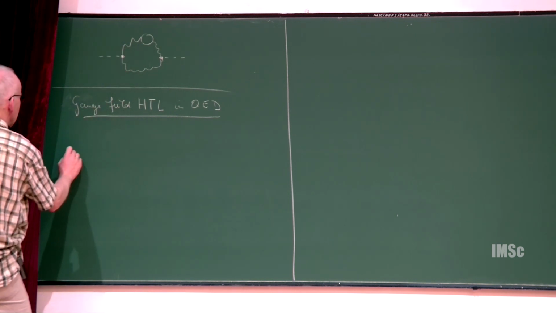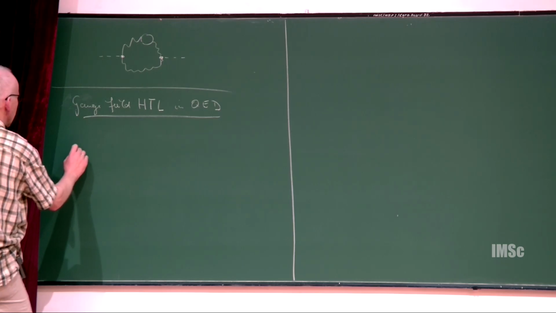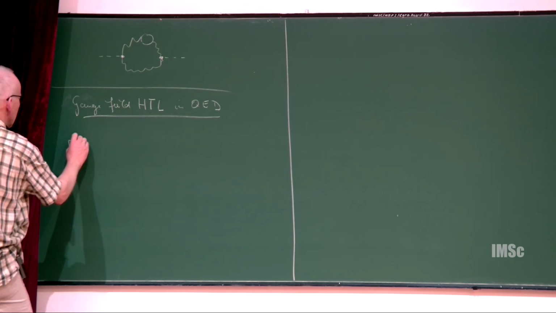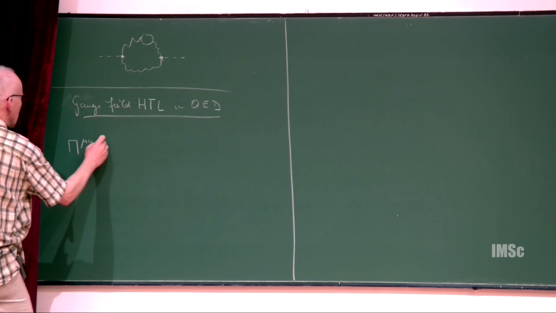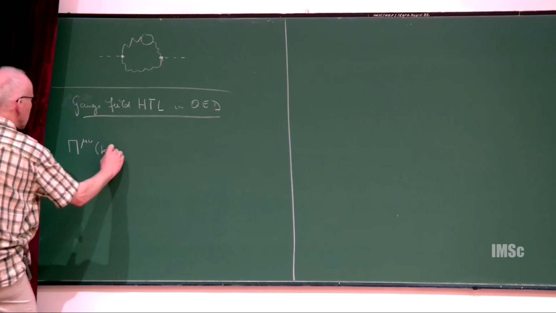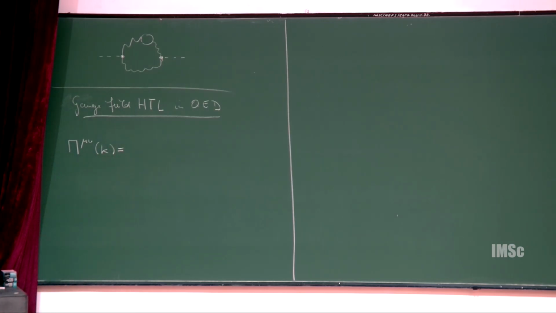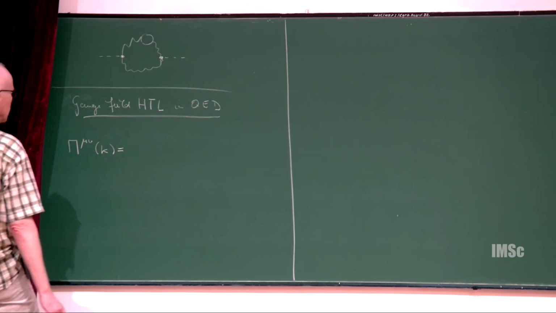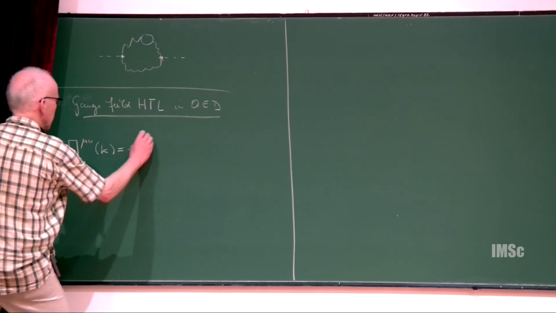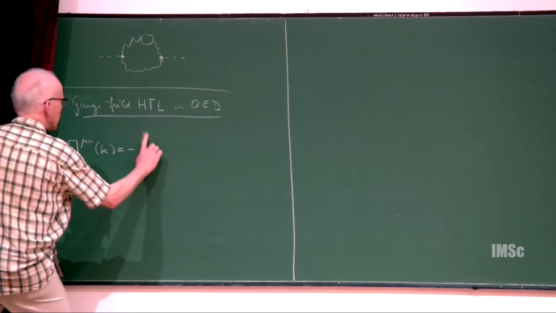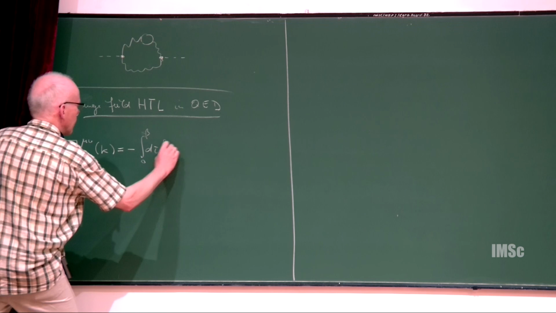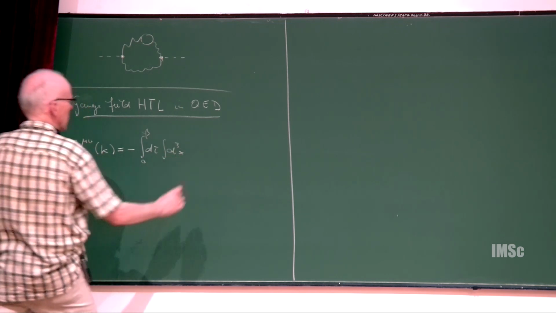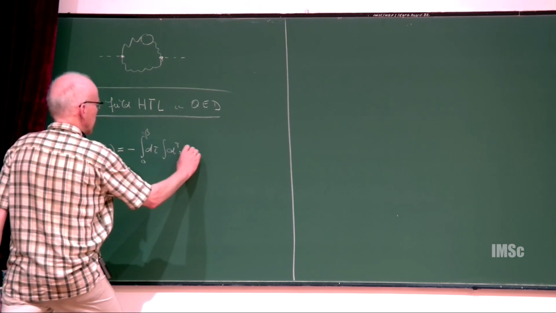These type of diagrams that you have to insert there, they give you this polarization tensor, pi mu nu of k, which you know in principle also from zero temperature field theory. In the imaginary time formalism, this is the Fourier transform of a two-point function of electromagnetic currents.